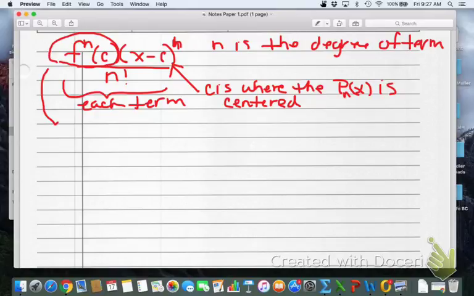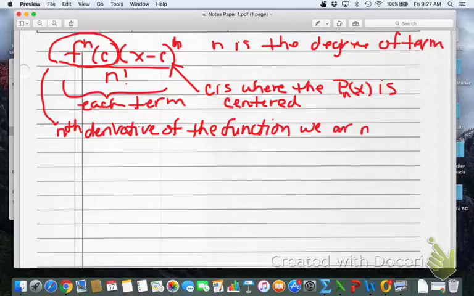All right, over here, what this means is this is the nth derivative of the function we're modeling. So we're going to take derivatives and we're going to use them in that term, and then the n just represents the degree to the factorial.